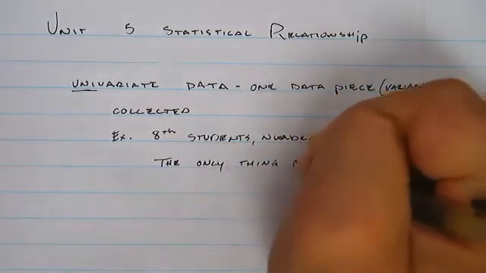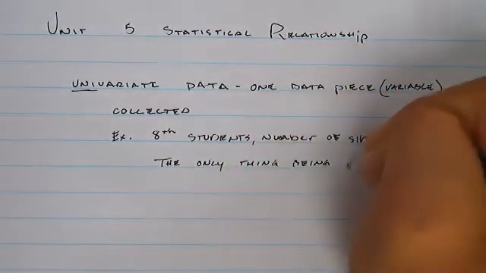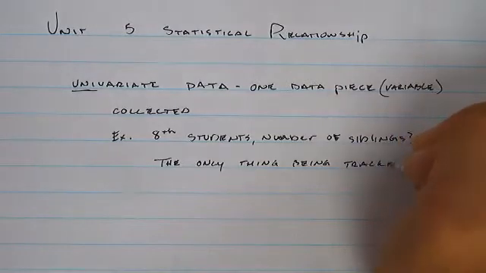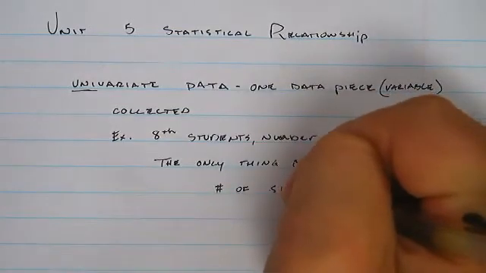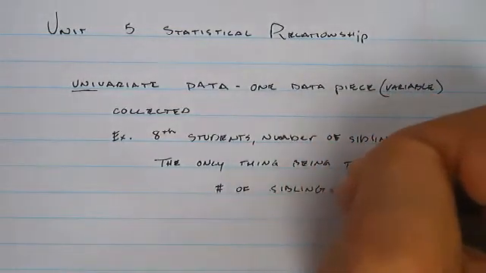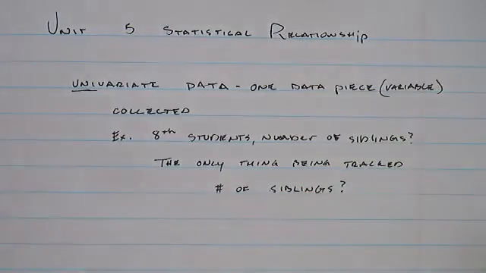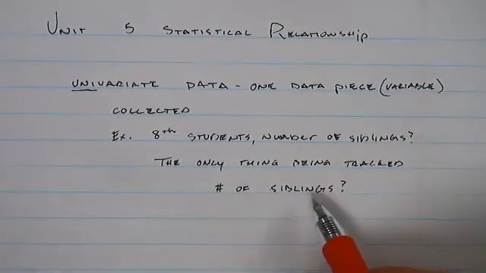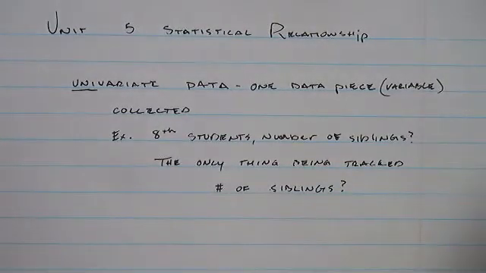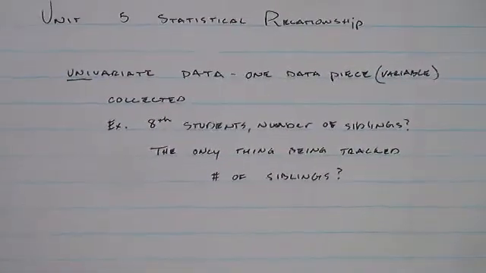So the only thing being tracked is the number of siblings. They're all eighth grade. So the only thing being tracked is the number of siblings. That's the only thing being tracked, hence one piece of data. We're going to collect the number of siblings, and then we can represent that through some sort of graph or interpretation.